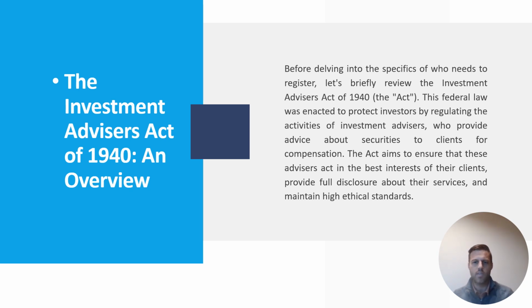But for the purposes of this video, we're going to be sticking with the federal level of things, and that includes the Investment Advisors Act of 1940, which, as I talked about in a previous video, was one in a series of acts that came out as a repercussion from the Great Depression and the stock market crash of 1929. Specifically, we had the Securities Act of 1933, the Securities and Exchange Act of 1934, and the Investment Company Act of 1940, along with the Investment Advisors Act of 1940.